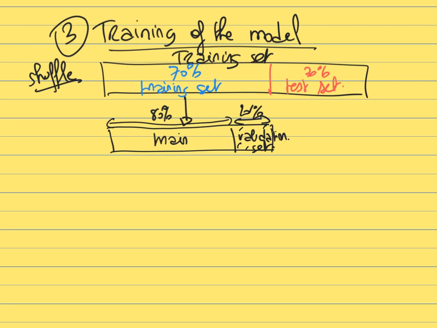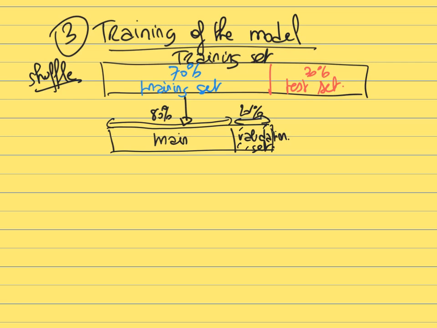So it's important to separate the data that you use to tune the hyperparameter, that's the validation set, and the data that you use to test how well the model is doing at predicting unknown data, that's the test set. So it's important to have both a validation set and a test set.